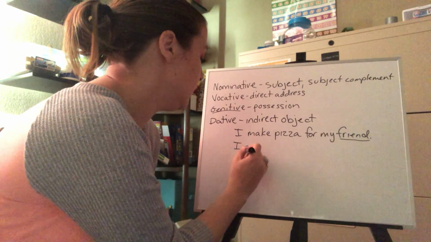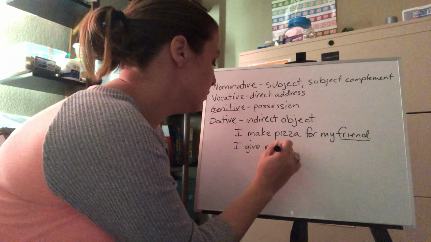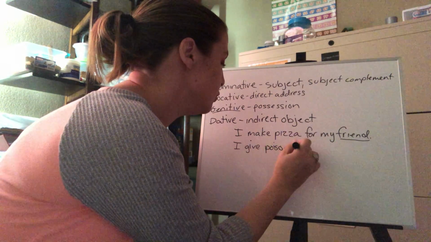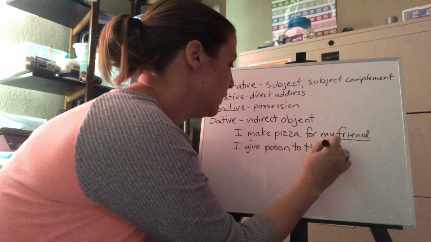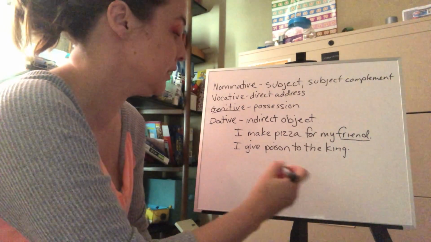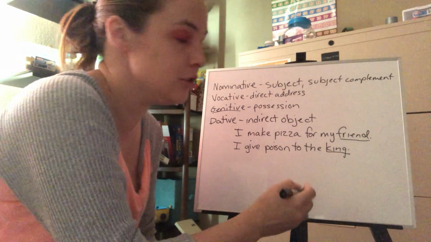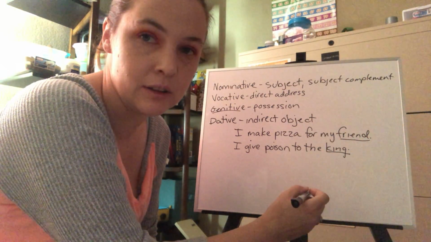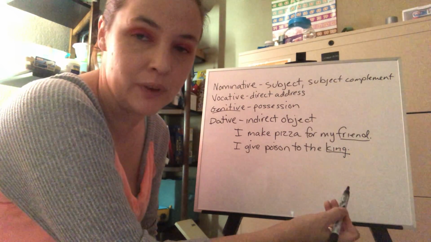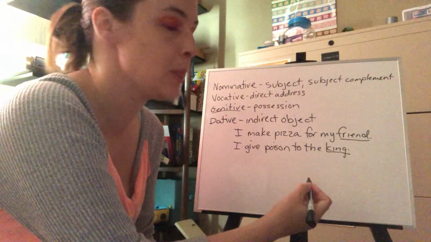I give poison to the king. And no, I wouldn't actually do that, but I give poison to the king. King is your indirect object. He is the one being disadvantaged by the action, very badly disadvantaged, okay?